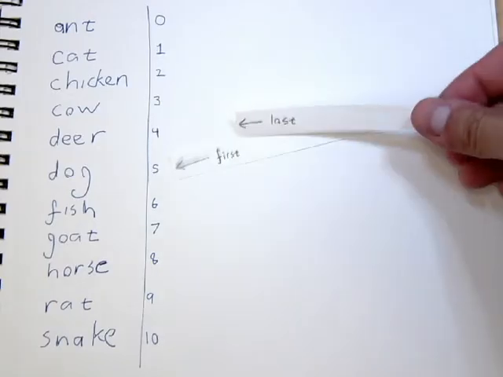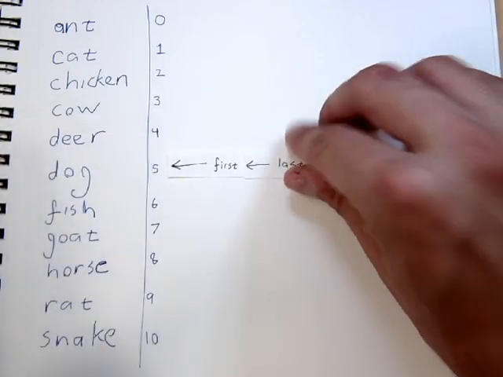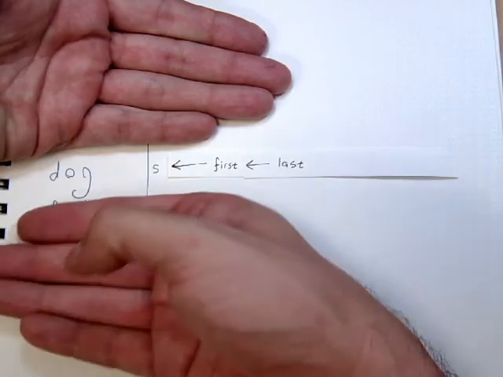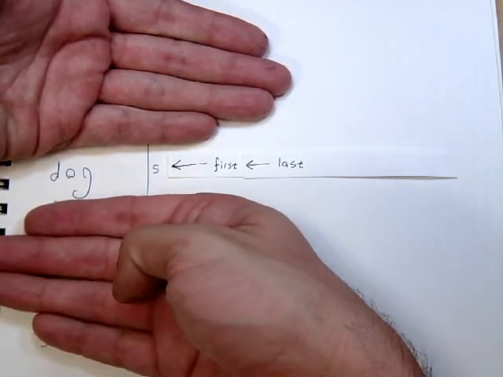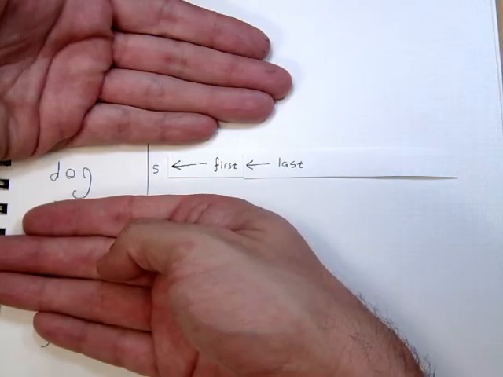If first and last are both equal, so in this case both first and last equal 5, then we've ruled out everything prior to 5 and everything greater than 5, and that means we have a list with one element in it, in this case dog. Right?